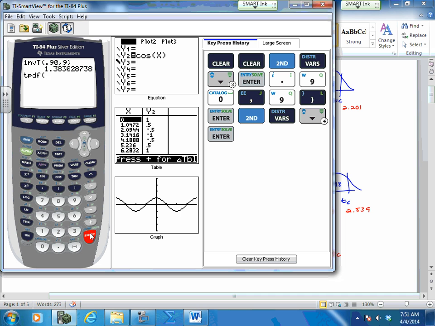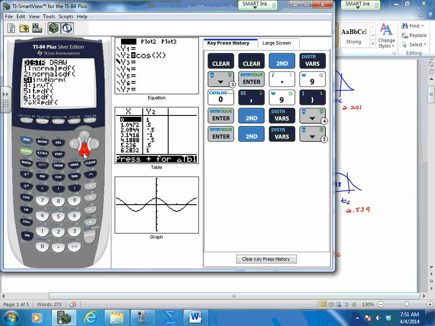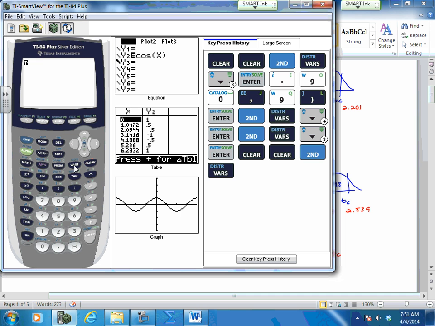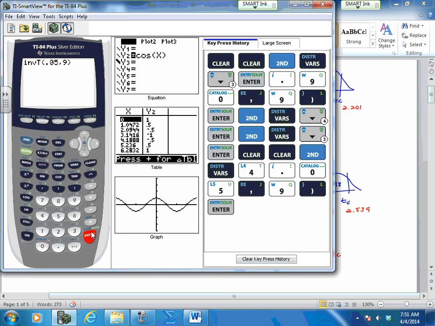You just hit 4. The second variable, hit 4. This calculator has like a delay. Let me see if this works. That's it.